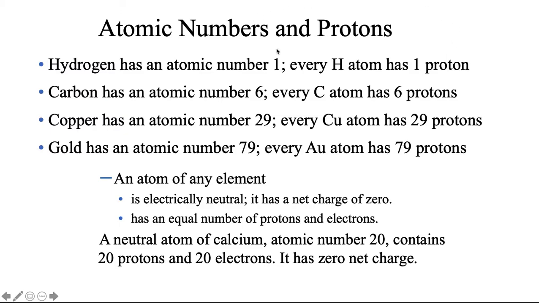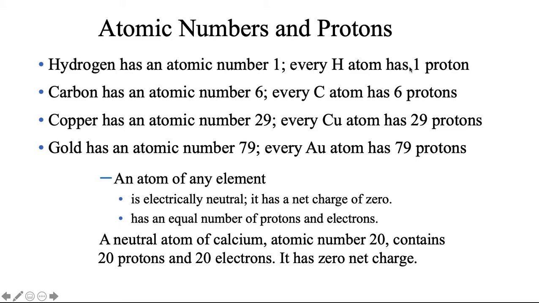Now, let's look at an example of the kind of problems that we will encounter when we do atomic numbers, protons, and neutrons. Hydrogen, for example, has an atomic number of 1, which means that every hydrogen atom has 1 proton. It doesn't matter where the hydrogen is found. It can be found in the stars, it can be found here. It will always have 1 proton.